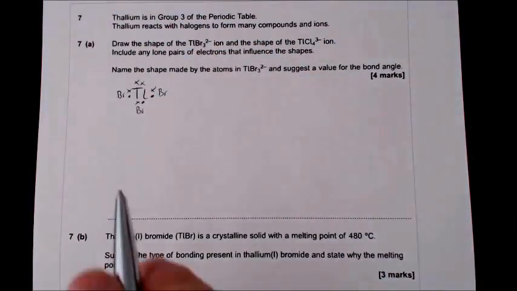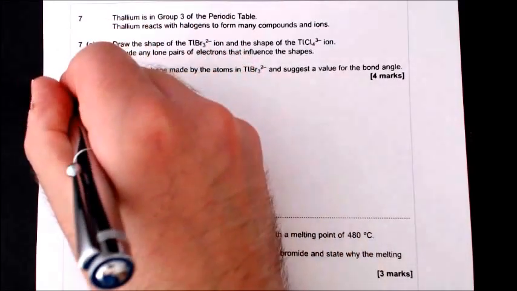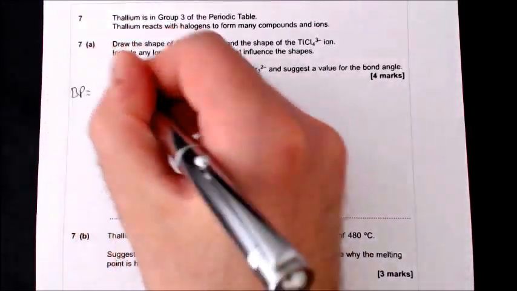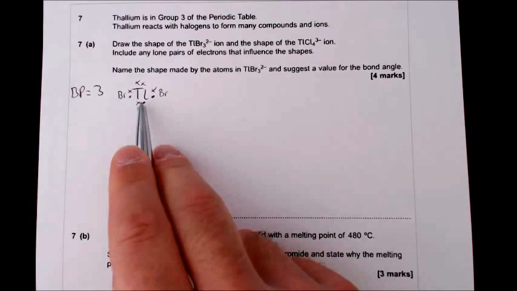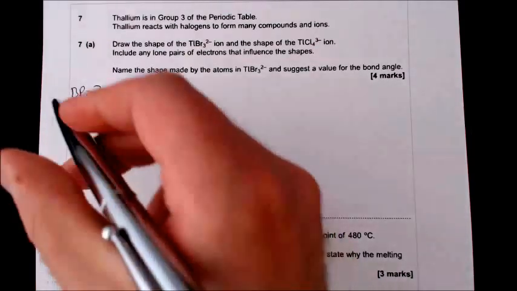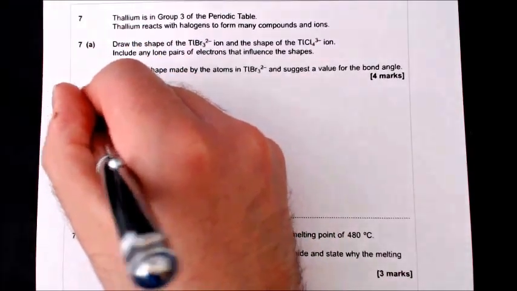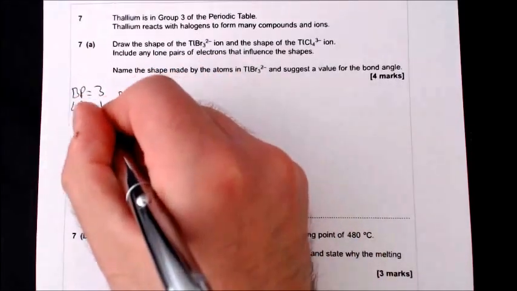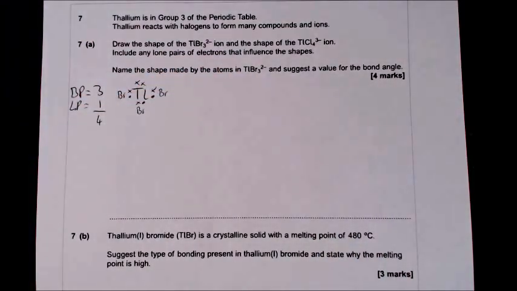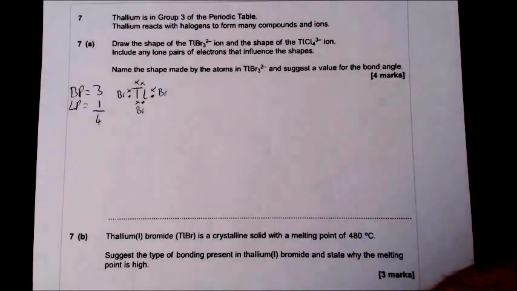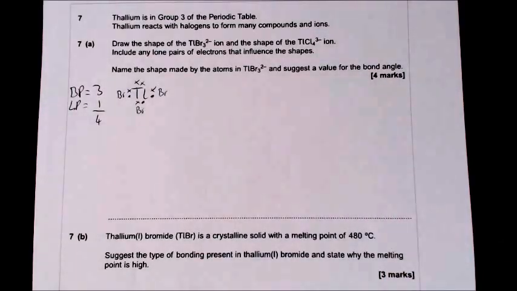So what this tells us is how many bond pairs and lone pairs we've got. So I'm going to put bond pairs equals 3, because we've got 3 bonding pairs there, and we've got 1 lone pair on there. So if we add that up, that should give us a total of 4. Now what this tells us is what our shape is based on.